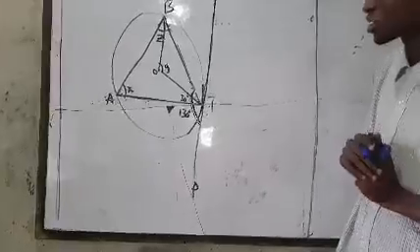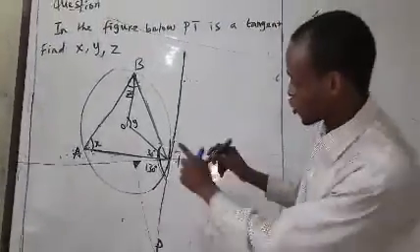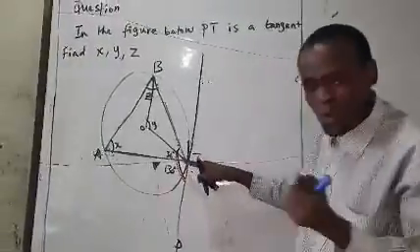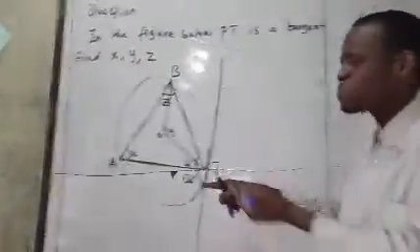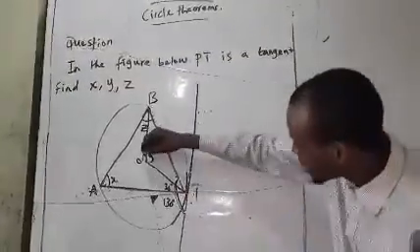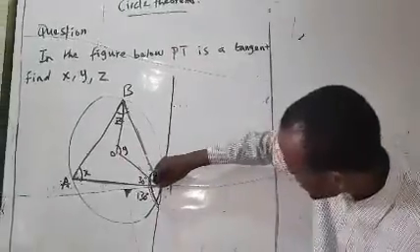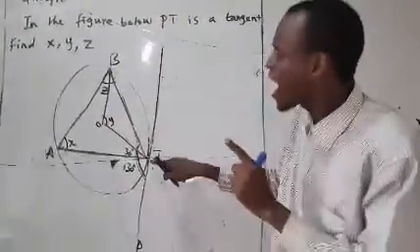There is a theorem which states that the radius drawn from the point of contact is perpendicular to the tangent.